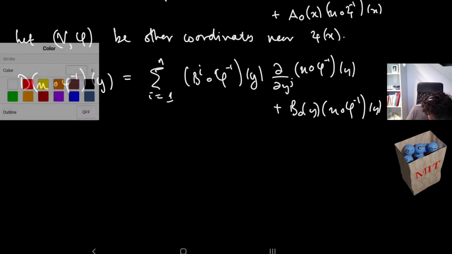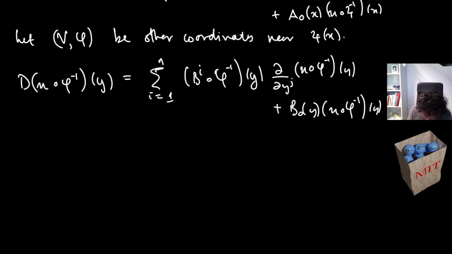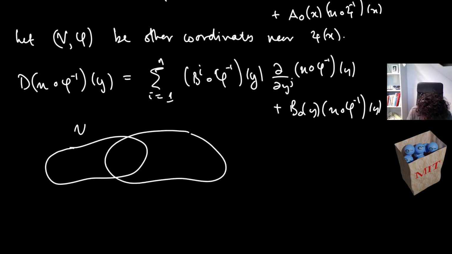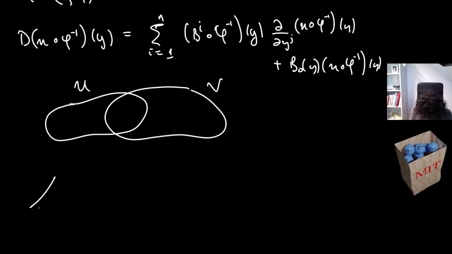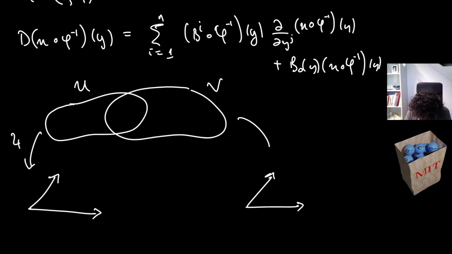Let me just draw a quick picture. What we have here is we have u, we have v, and we have maps psi and phi. I hope I've got this the correct way, but I think I have. So this is my intersection, and I want to study what happens on this intersection.